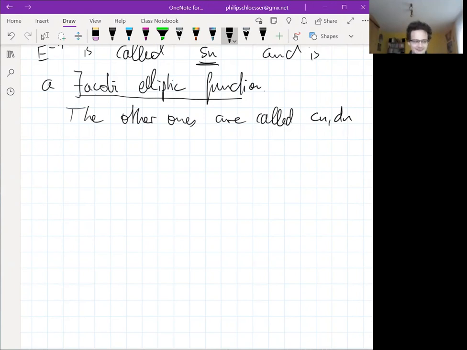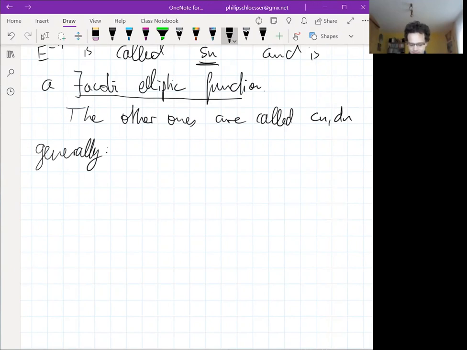In a more general setting, there's a very nice terminology.